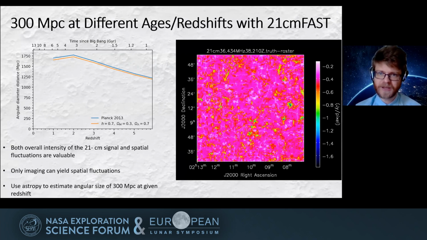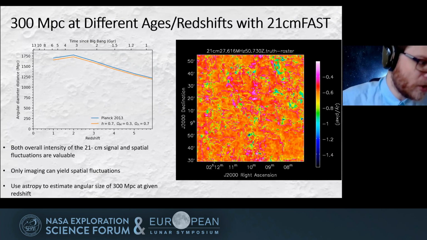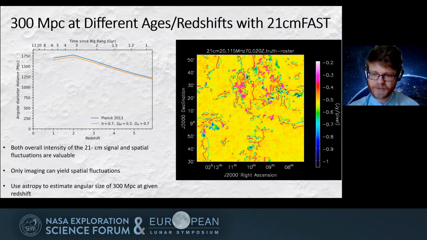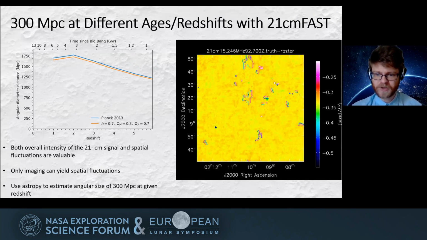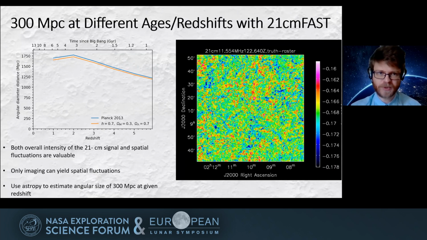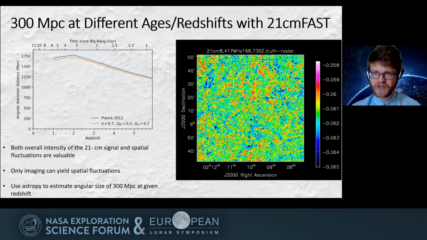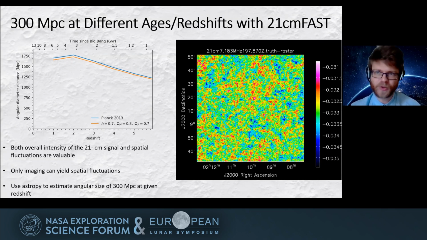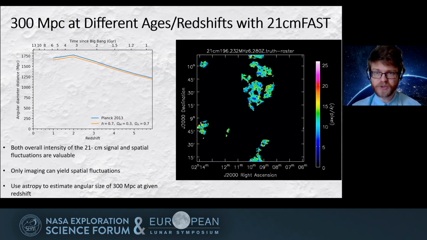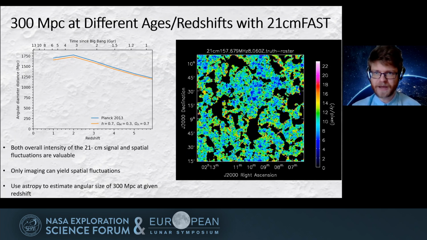Here on the right is a movie from a data cube generated by a 21 centimeter FAST run, where you just plug in a few different cosmological parameters and it simulates a possible 21 centimeter universe going all the way back for different redshifts.